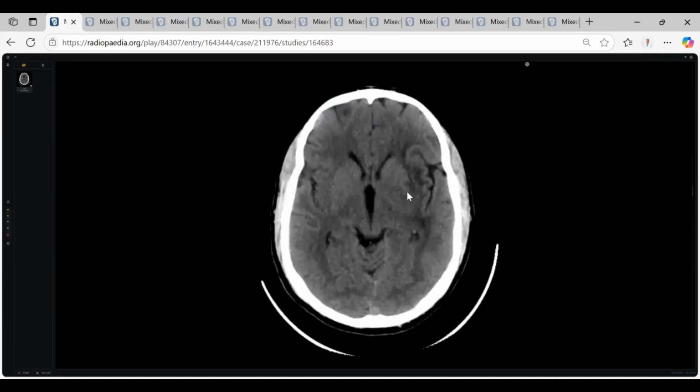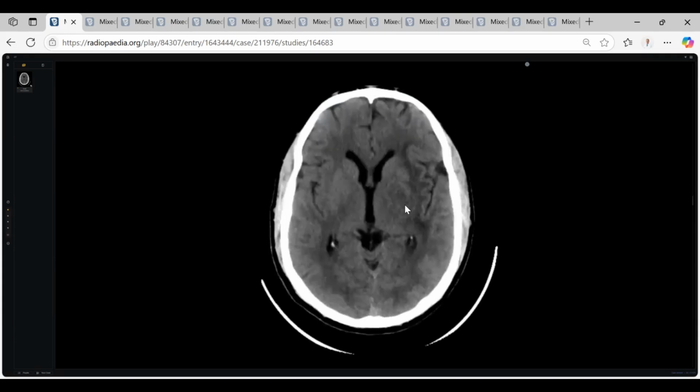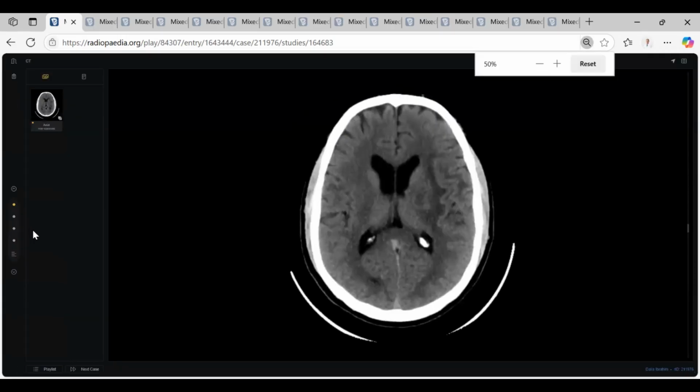I can also see in the left basal ganglia evidence of hypodensity, maybe surrounded by a hyperdense rim. So this could be a lesion in the left basal ganglia region, surrounded by marked edema. Next, I would ask for CT with contrast.